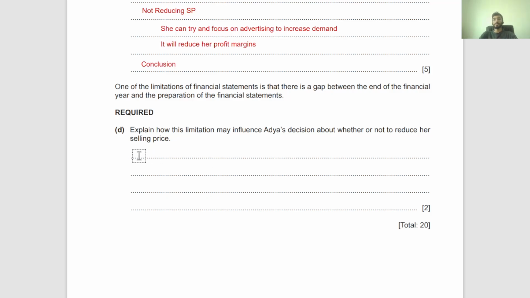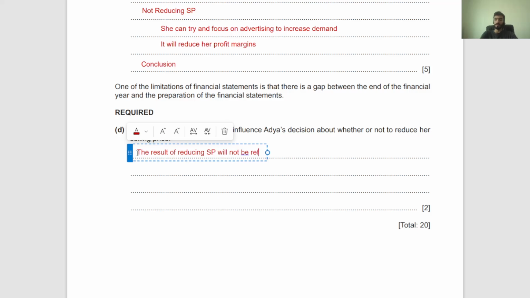Now the thing is, the result of reducing selling price will not be reflected on current year's financial statements, right? So that's one thing which will influence a decision.